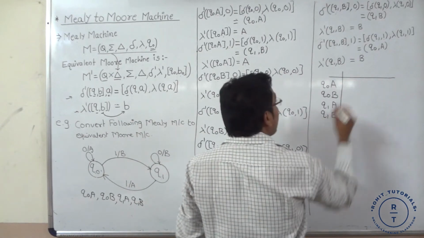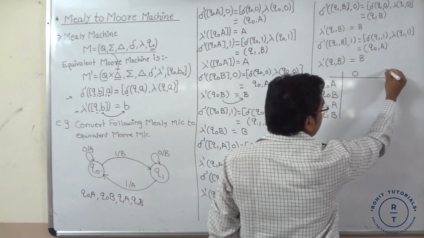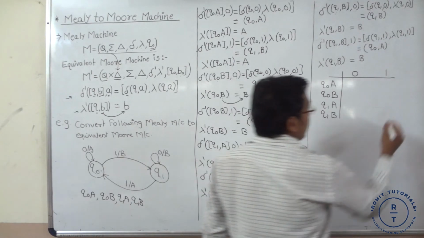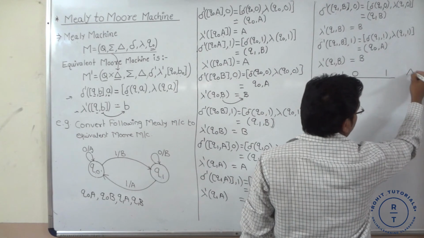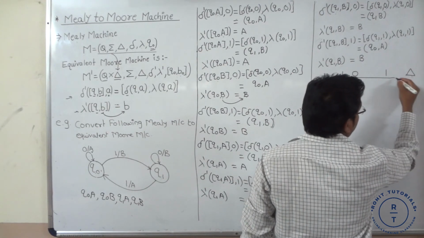Here inputs are 0 or 1 and the output symbol is represented by delta.